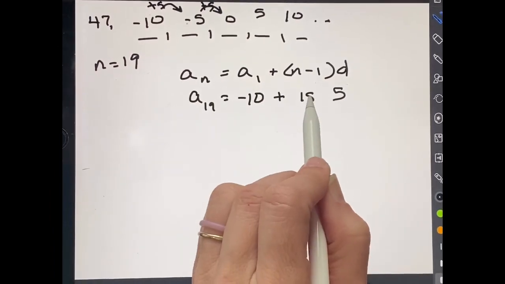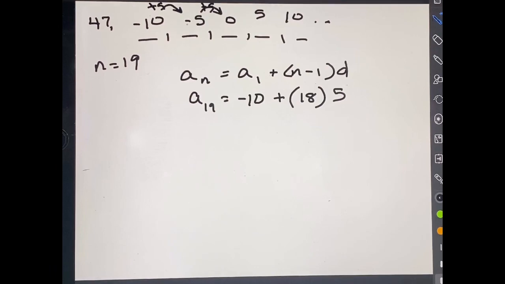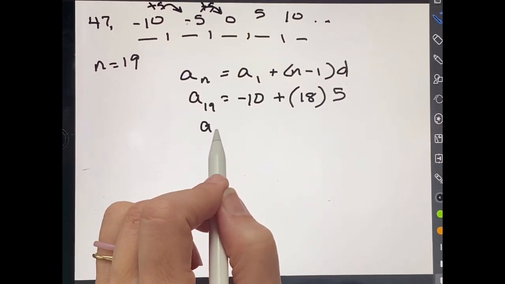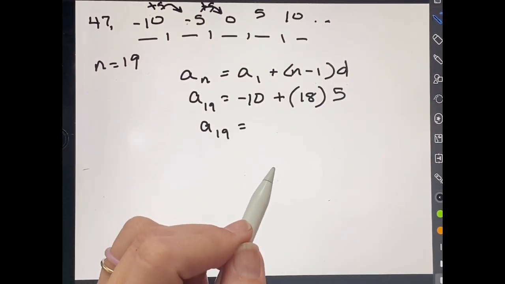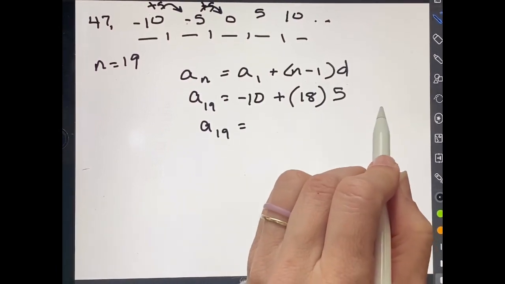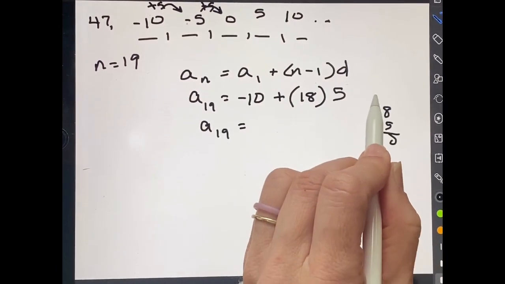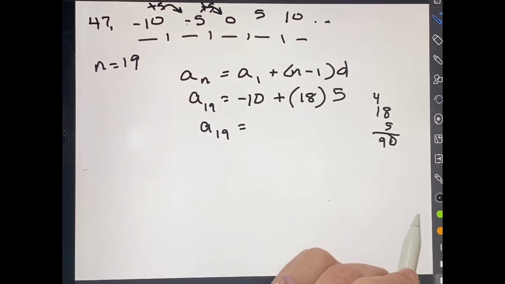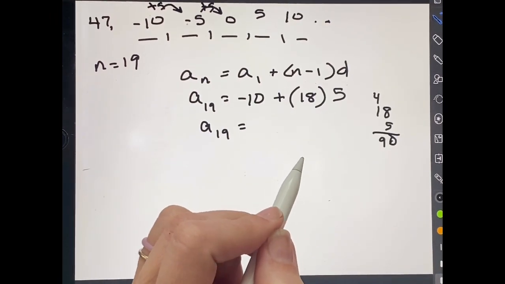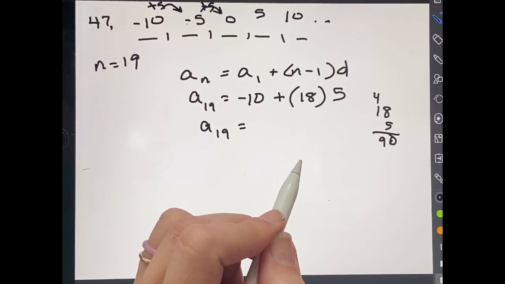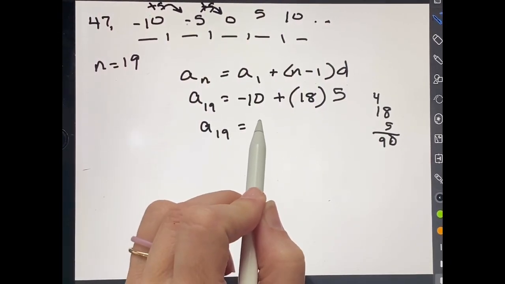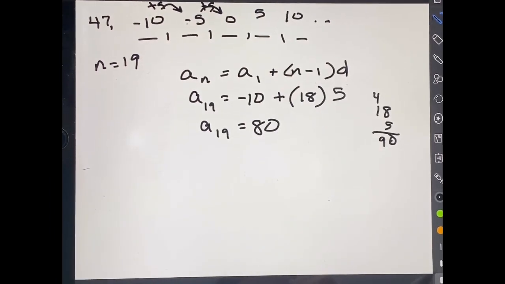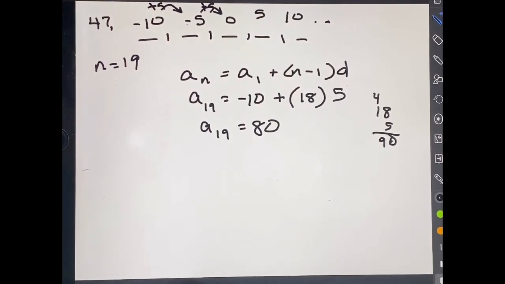I'm going to jump 18 times. And so we know that our 19th term is going to be 18 times 5. We've got 90. 90 minus 10 is going to give us 80. All right. So the 19th term of that series is going to be 80.